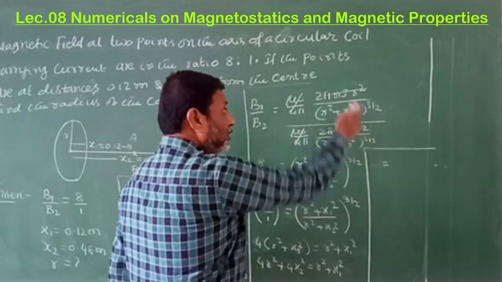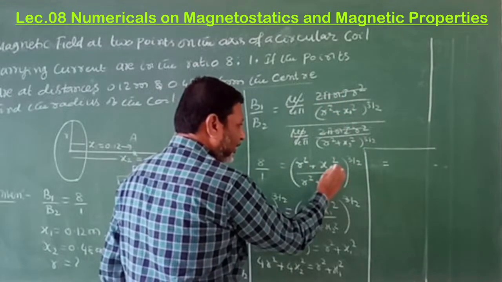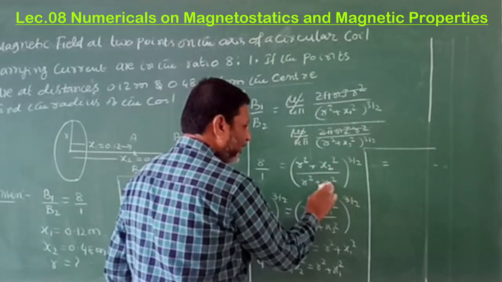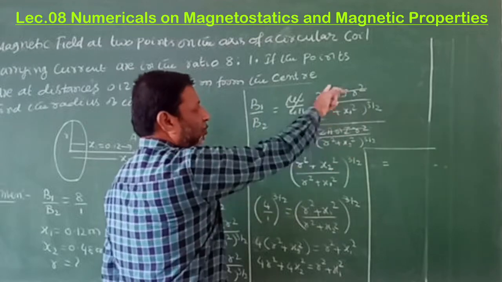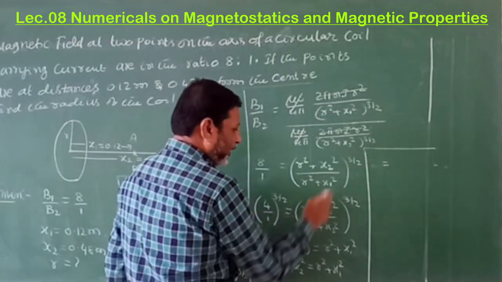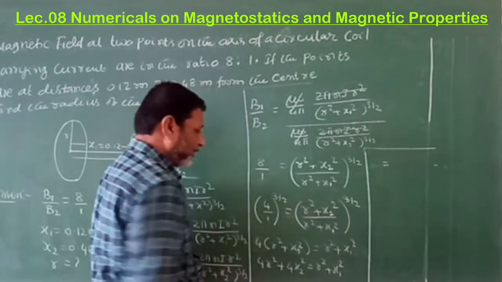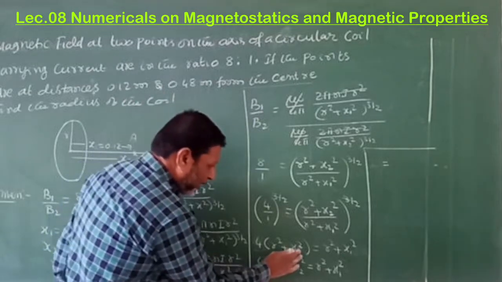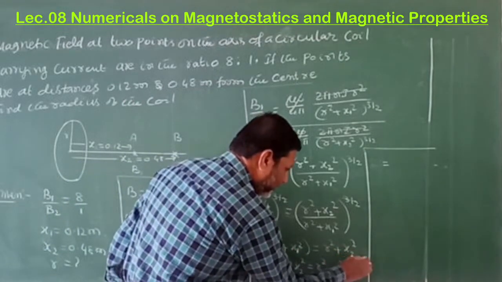Now this comes to the denominator, so carefully see here, this is x2 square, whereas this is x1 square, correct? Because this is going up and this comes to here. Therefore, you will get here 4x1 square and this is x2 square, isn't it?